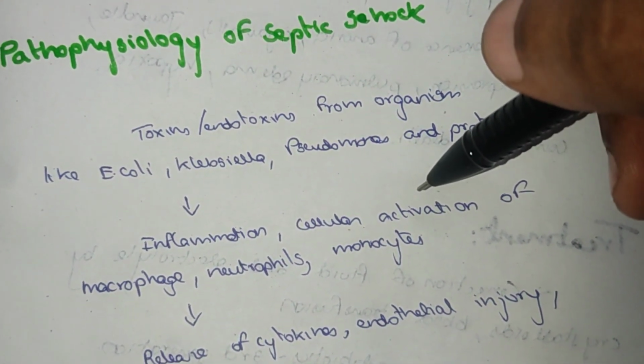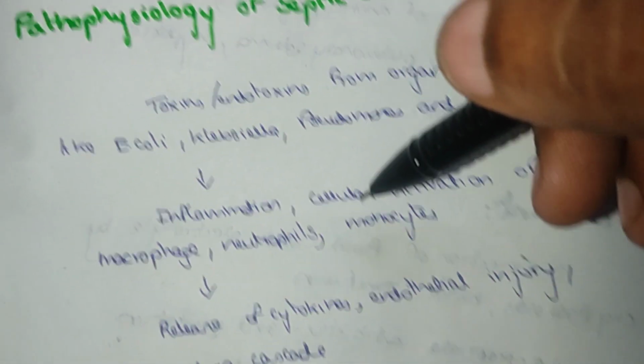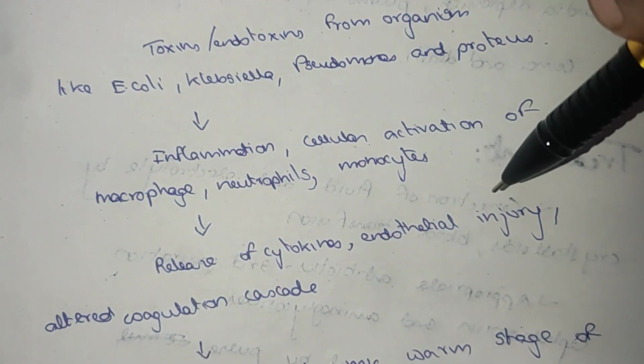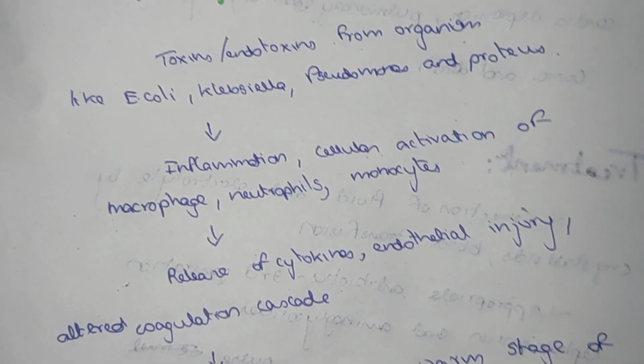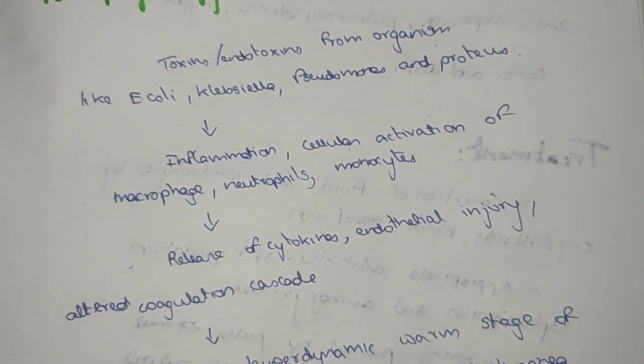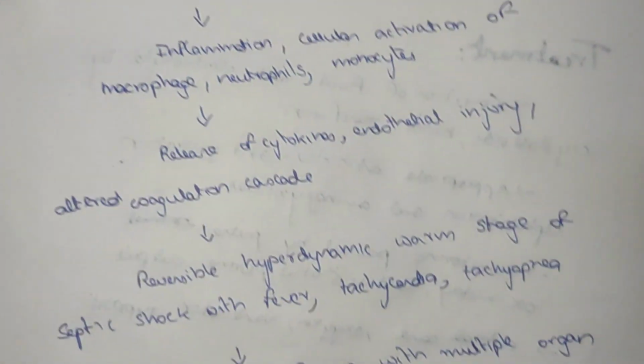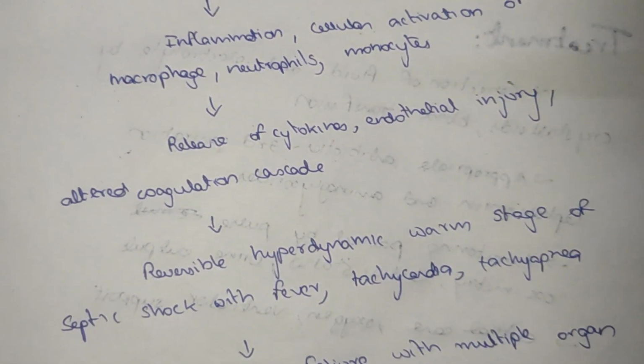These cells are activated because they are the mediators of inflammation. Due to this, there is release of cytokines, endothelial injury and alteration in the coagulation cascade.